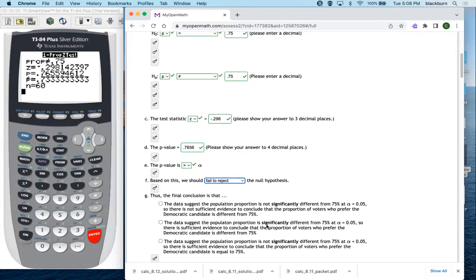It's definitely not the second one because it says the data is significantly different. So this last one, data suggests that the population proportion is not significantly different from 75% at 0.05. So there's sufficient evidence to conclude that the proportion of voters who prefer the Democratic candidate is equal to 75%. We're talking about whether there is sufficient evidence or not to figure out if it's different.